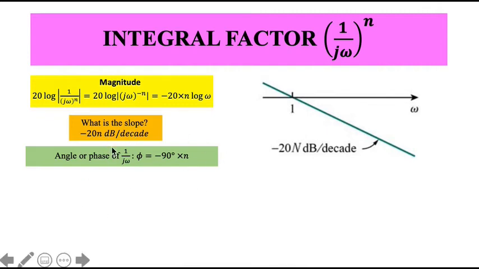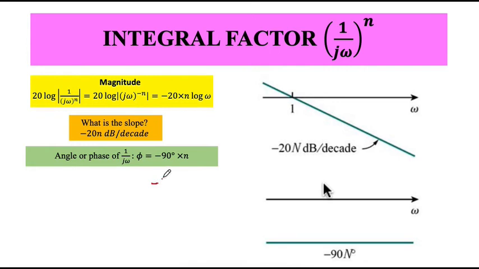The phase of 1 by j omega is always minus 90. So it's n now, so we will multiply by n over here. Suppose I am having two poles, then it will be minus 90 into 2, that is minus 180 degrees.